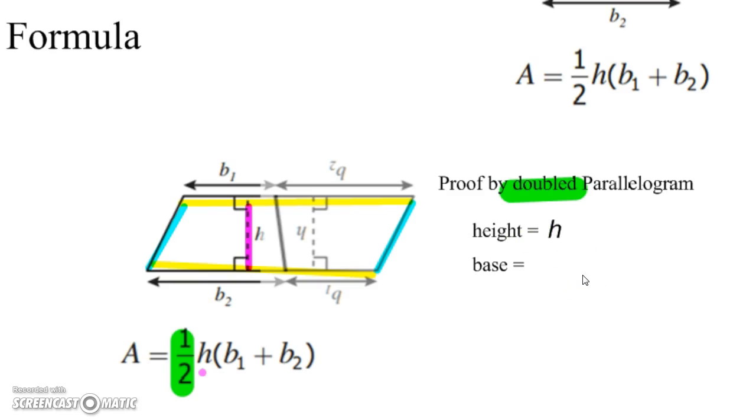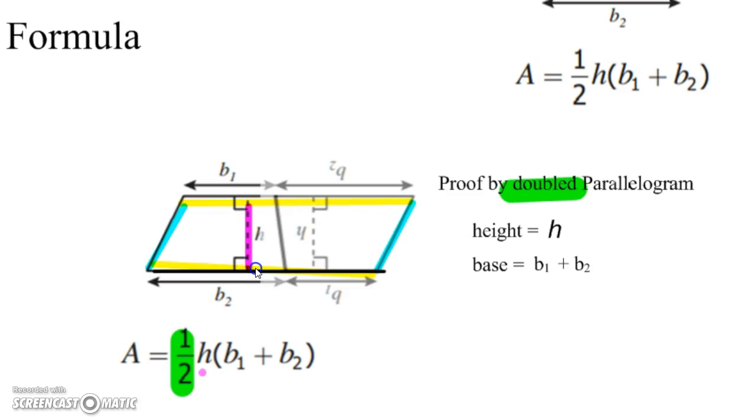And our base was extended. It's actually b1 plus b2. You can see that because the lines b1 plus b2 are going to be the new base, top and bottom, for the parallelogram.